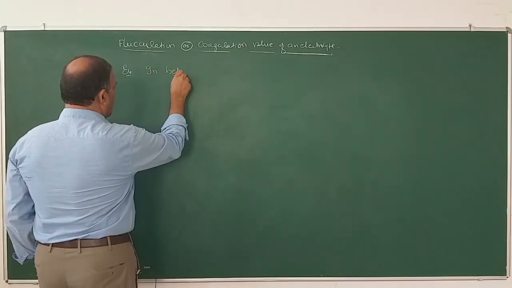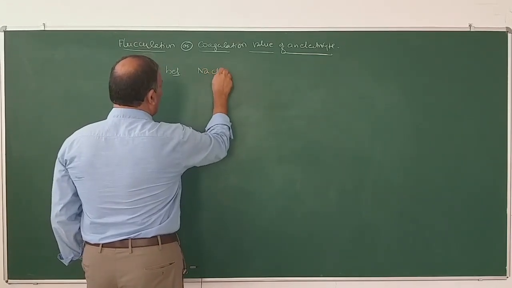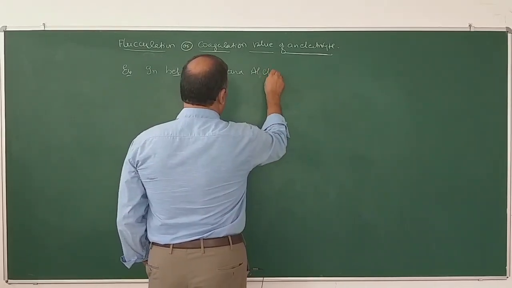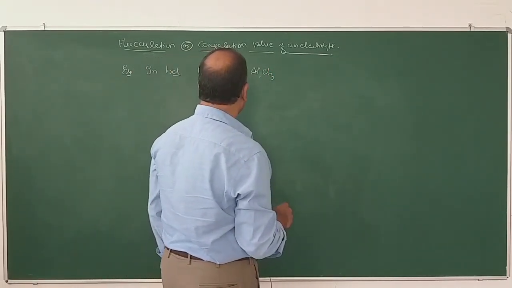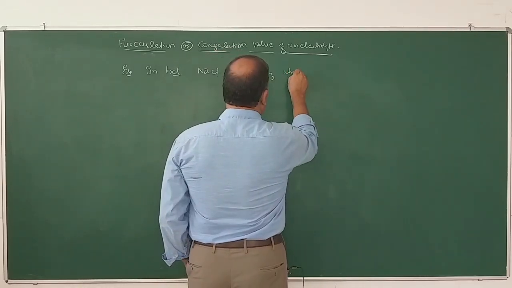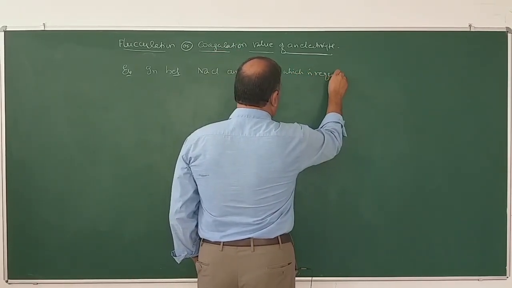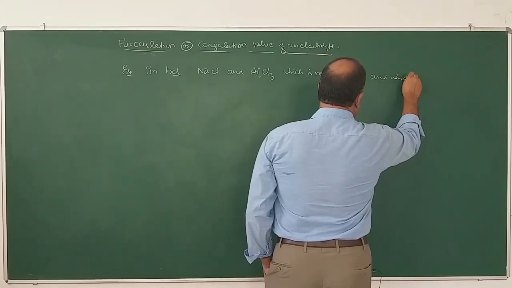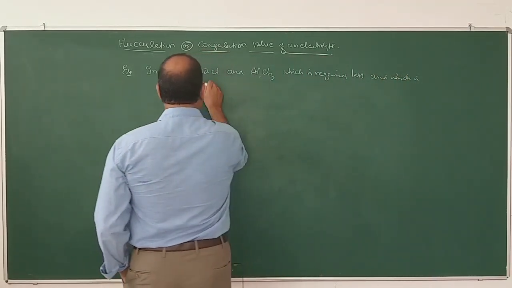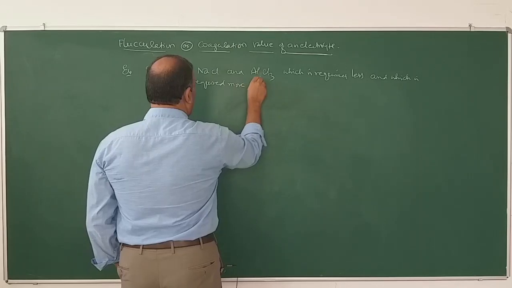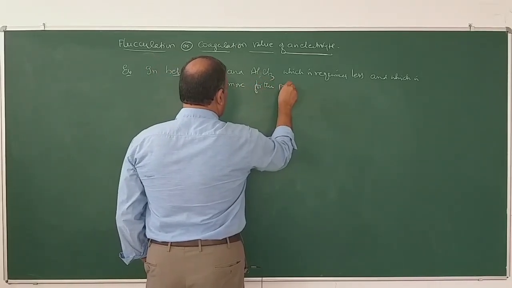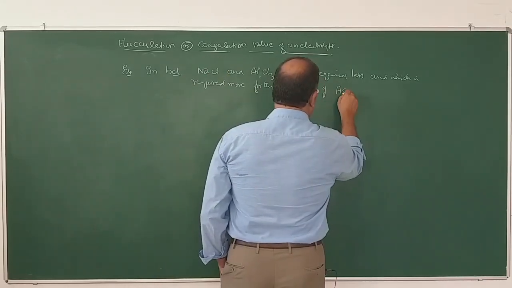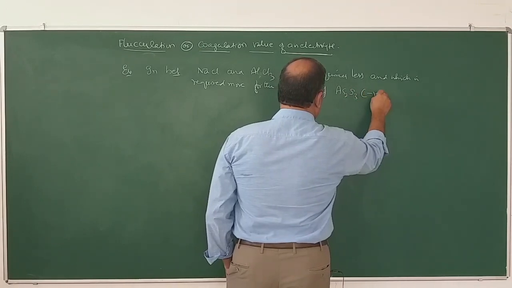So in between sodium chloride and aluminum chloride, which is required less and which is required more for the precipitation of As2S3, a negative salt?